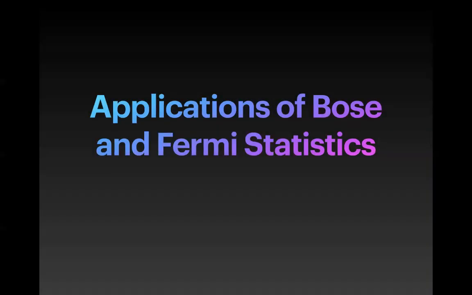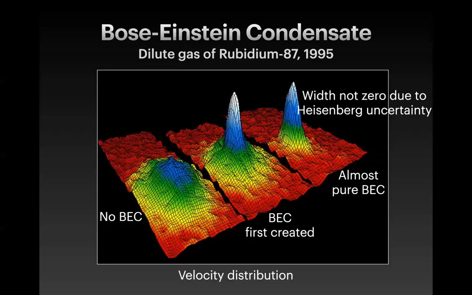Okay, so this is the famous plot that was shared in 1995 for the first creation of a dilute gas Bose-Einstein condensate. They used rubidium-87. So this plot here is the velocity distribution.